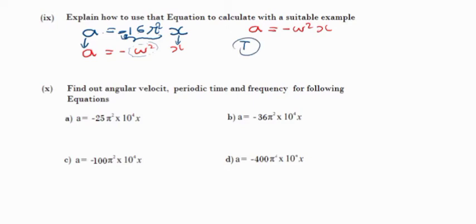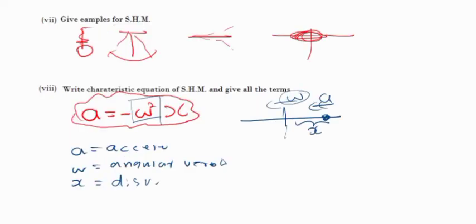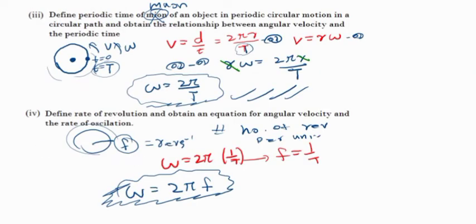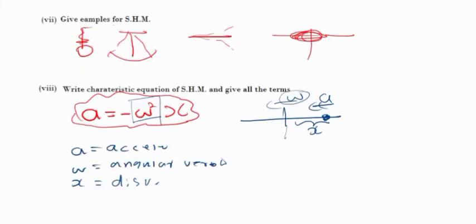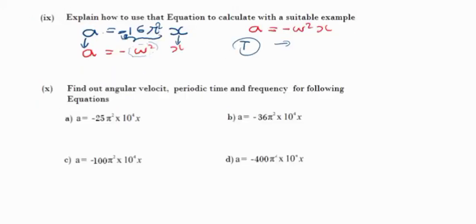In the very previous page, you know there is something called omega is equals to 2 pi f. Also you can get this equation inverted, 2 pi over omega. So that's why I told you to have a good look at it with care.